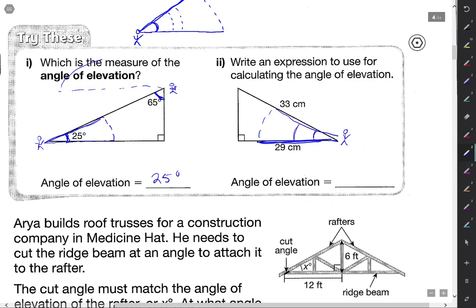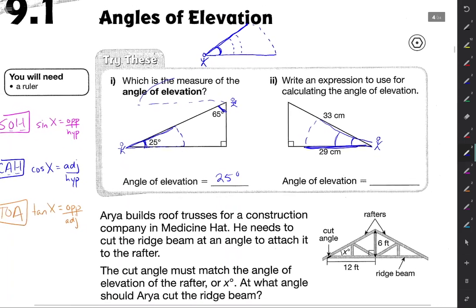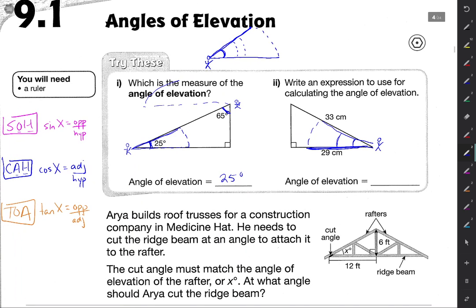So how could we solve that angle? Well, this is where we have to think about SOHCAHTOA. If we look at what sides of the triangle are given to us, they give us this 29 centimeters here and 33 centimeters up there. The 33 centimeters is the hypotenuse of the triangle because it's right across from a right angle. That's the longest side, so it's the hypotenuse.